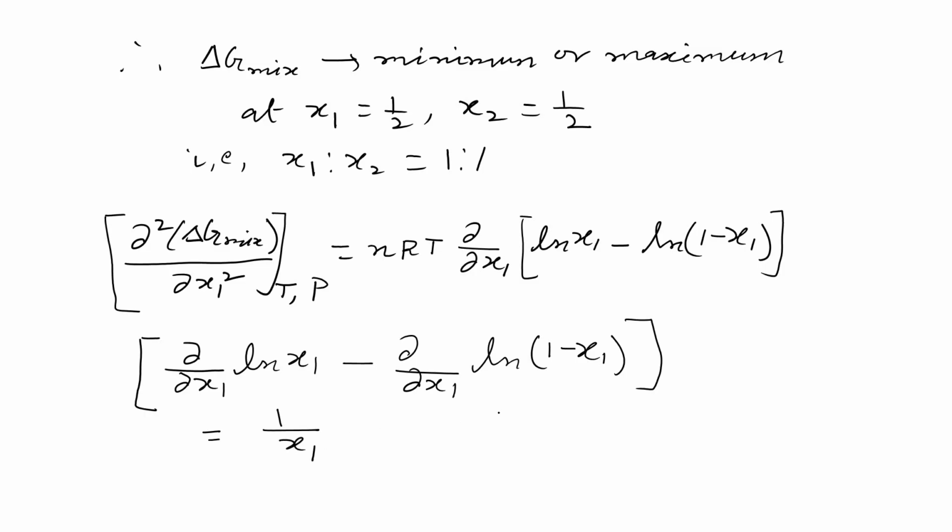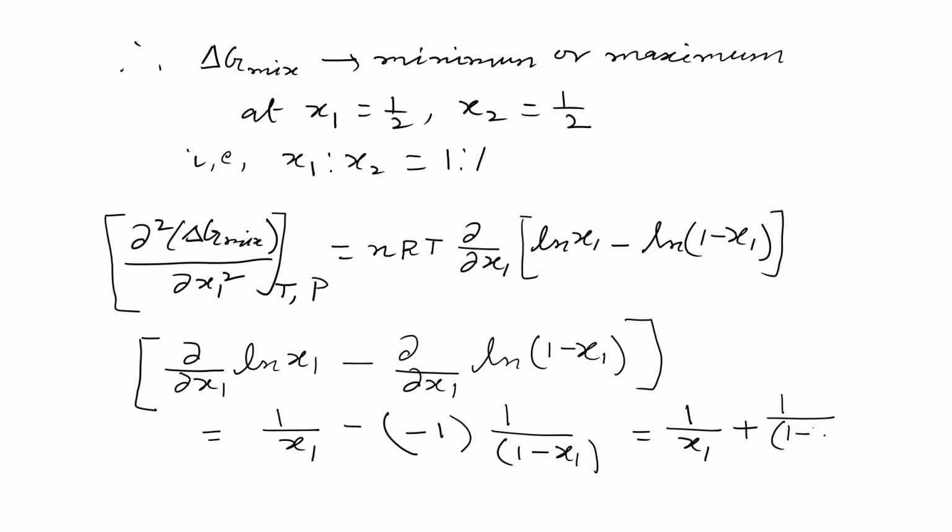For the second, first of all we differentiate this, that means minus 1 into 1 by (1 − x1). So this is equal to 1 by x1 plus 1 by (1 − x1). This we got.